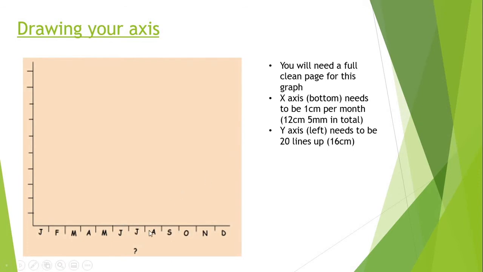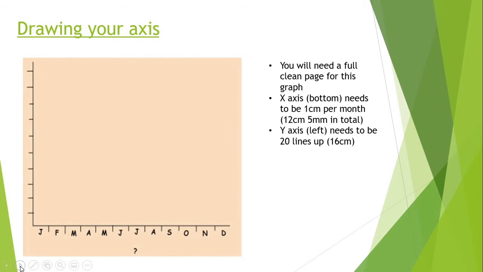So our x-axis at the bottom needs to be 1 centimetre per month. Altogether, it'll be 12 centimetres and 5 millimetres to make sure you have a gap between December and our second axis we'll be drawing later. So our first y-axis, y1, needs to be 20 lines up, or roughly 16 centimetres. Please pause the video and draw this and press resume when you're ready.